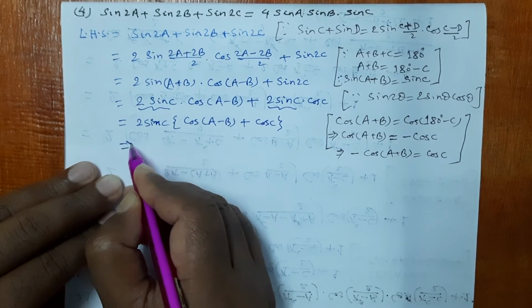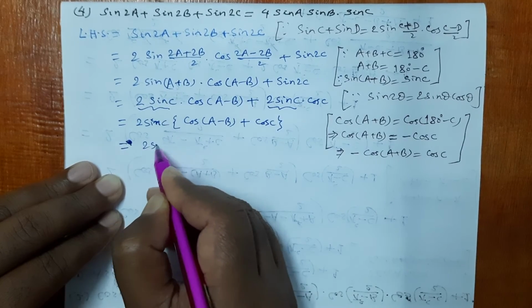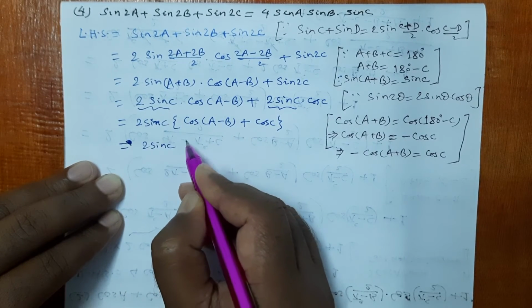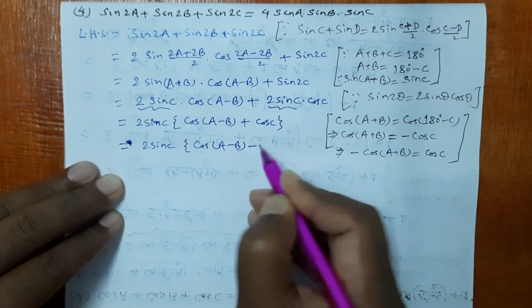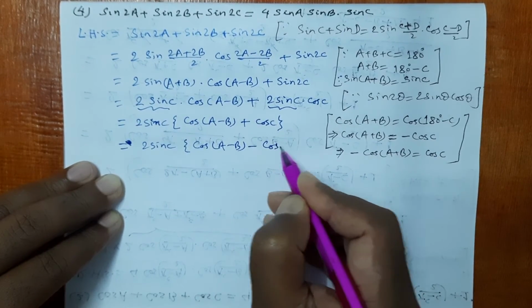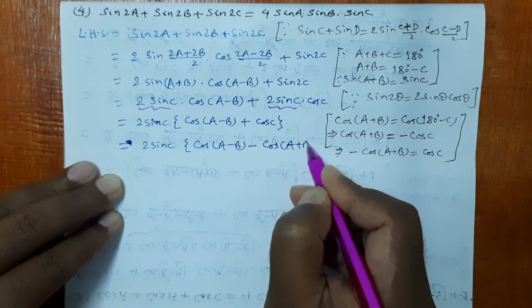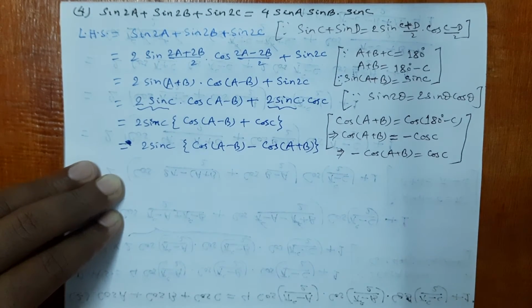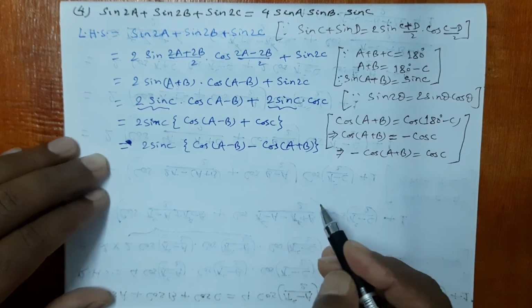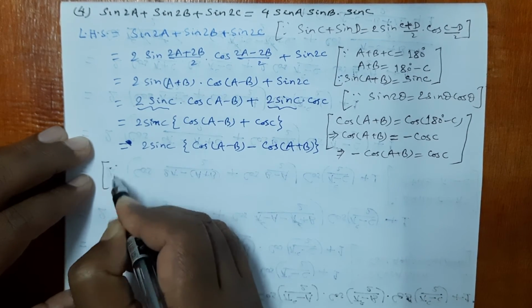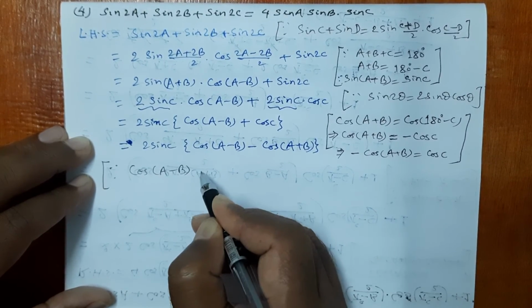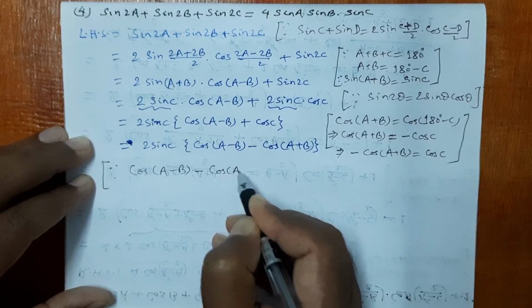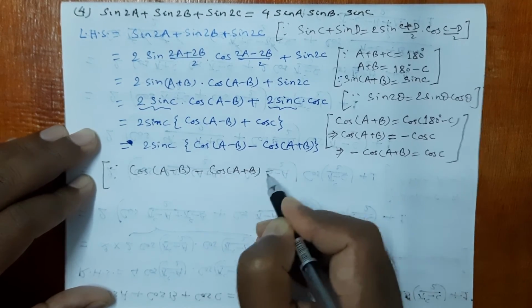This equals, sorry, 2 sin C, here is cos (A minus B) minus cos C, which equals minus cos (A plus B). Next we use our next formula, cos (A minus B) minus cos (A plus B).